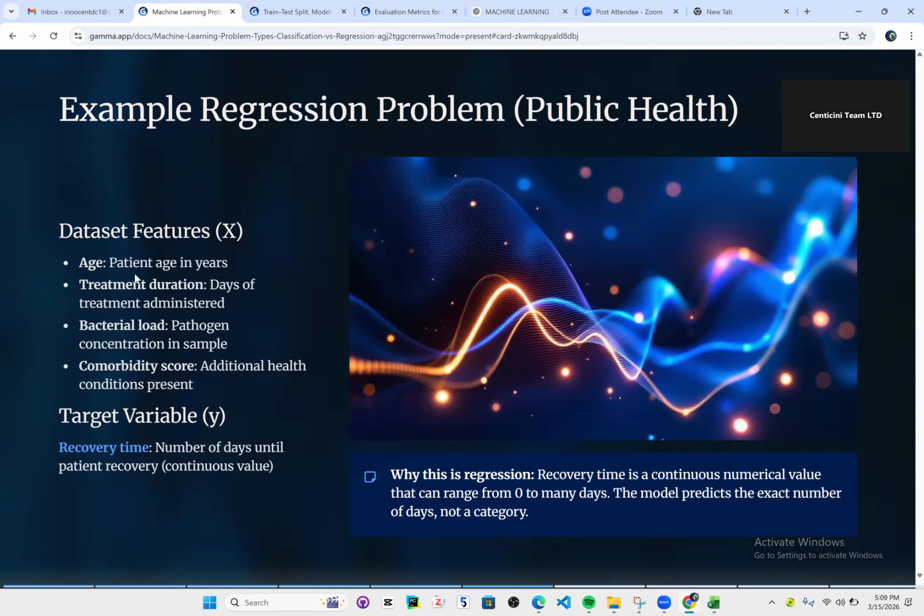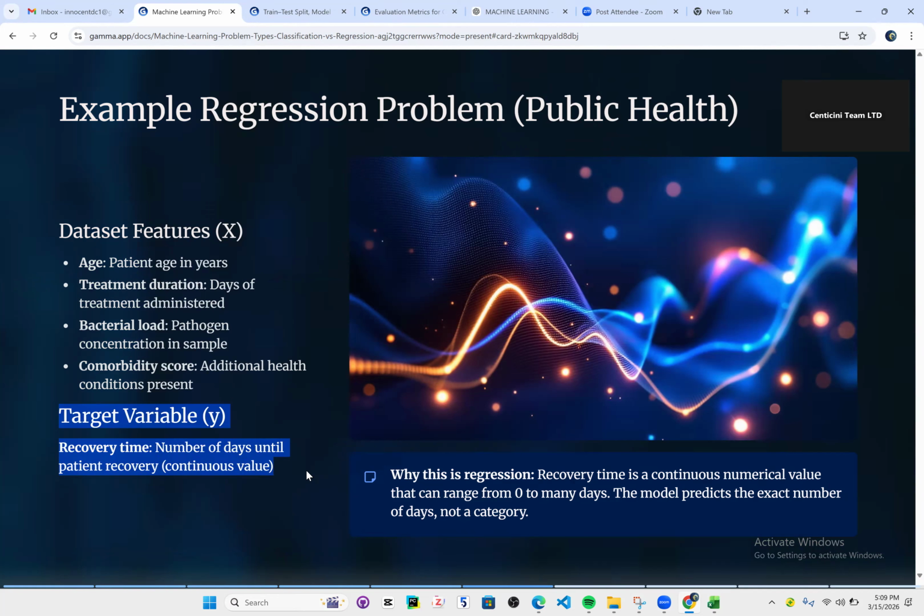So just like I said, an example of a regression problem data set: we've got features such as age, treatment duration, bacterial load, comorbidity score. Then we have our target variable, recovery time, the number of days on depression. Now, this is what makes it a regression problem.